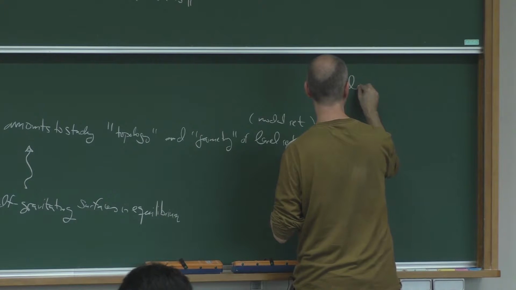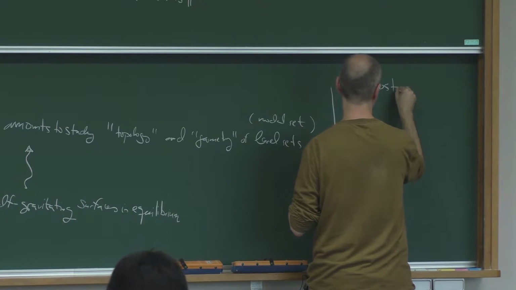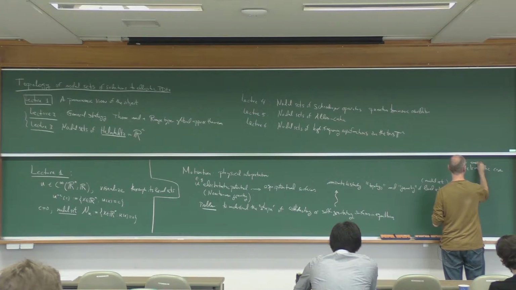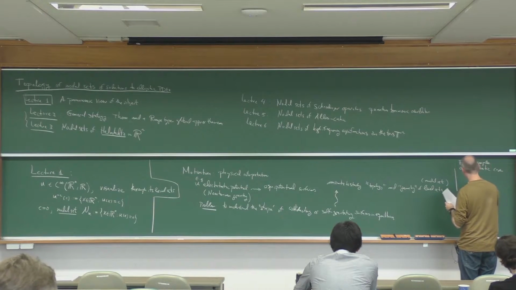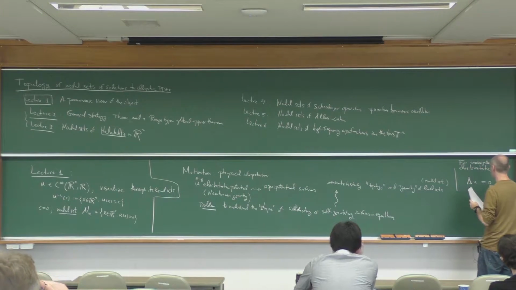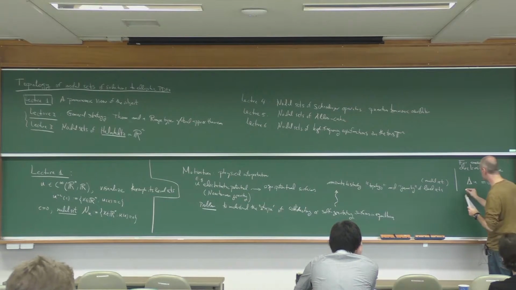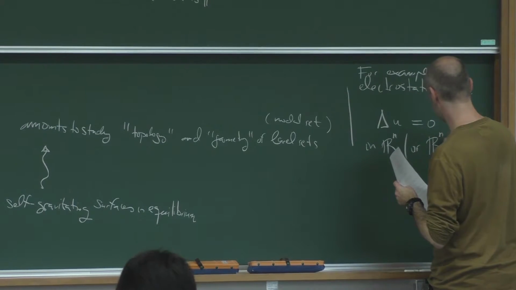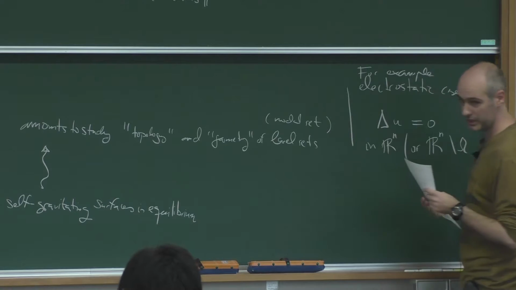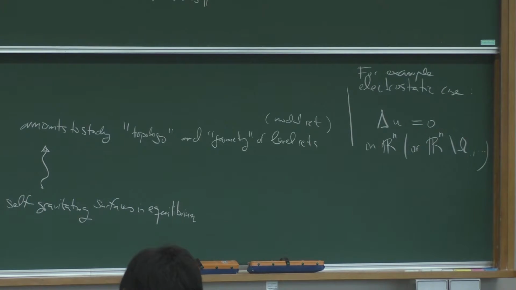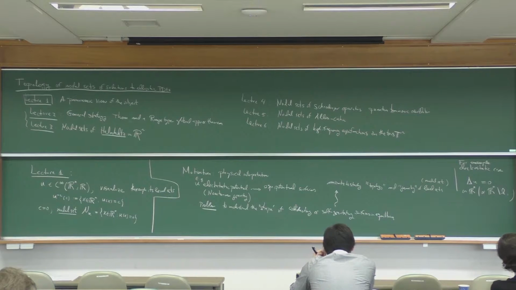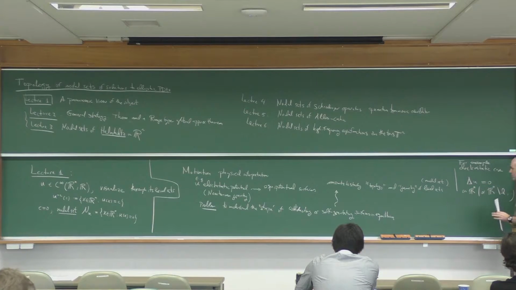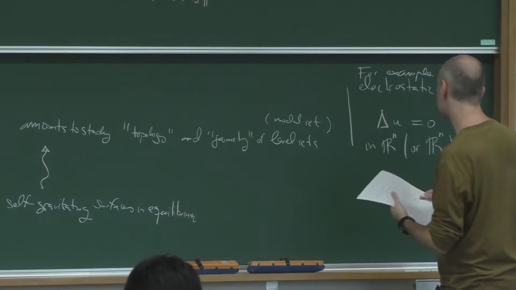For example, in the electrostatic case, we have a constraint which is, say, the Laplace equation: the Laplacian of u is equal to 0 in R^n or in the complement of a domain, etc. Depends on the problem. There can be some mass or some charge density here. Let's just think of the harmonic functions case, which is simpler. So this is a constraint on your function.